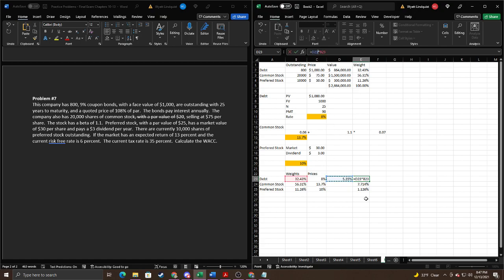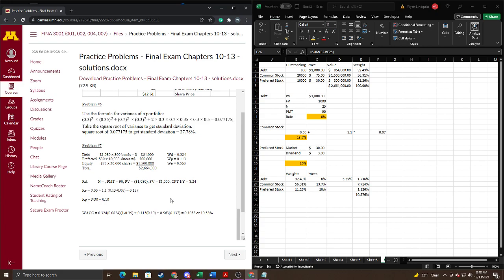this new debt one by that to get that, and then we're just going to get the sum of all these. So these have been weighted, and we're going to get our final answer of 10.57%, which is correct here. So it's just ours is one more out, but if we went a little smaller, that would be correct.